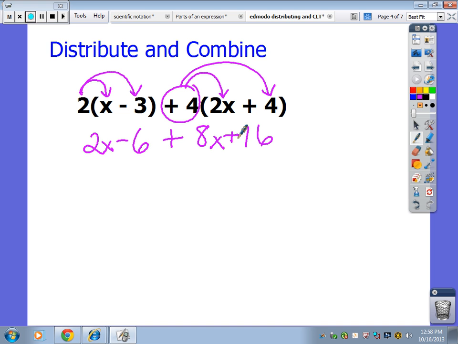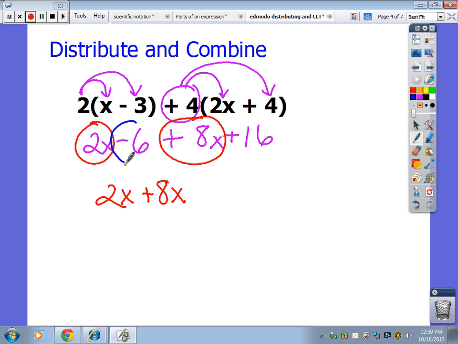Positive 16. Now I want to combine my like terms. Well, I look at it and I see that I've got a 2x and a positive 8x. So I'm going to rewrite them: 2x plus 8x. And then I've got a negative 6 and a positive 16. So that is negative 6 plus 16.